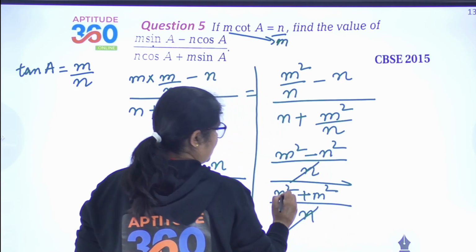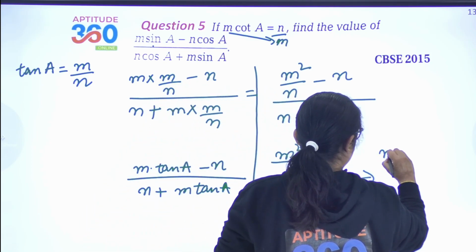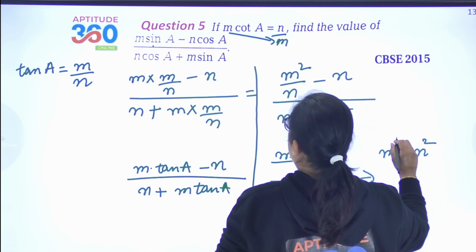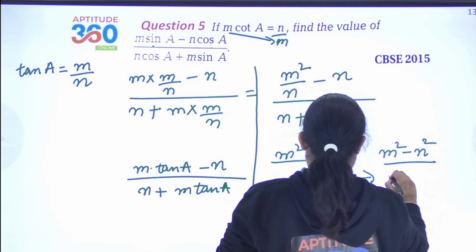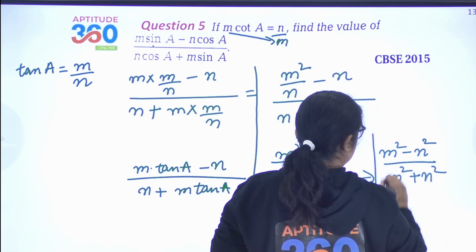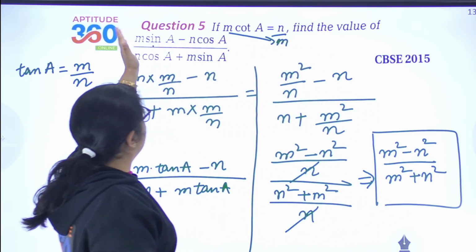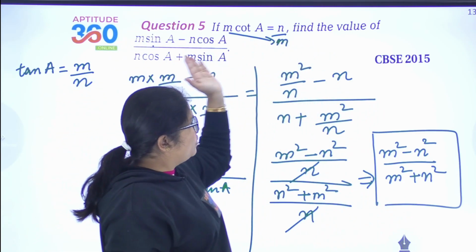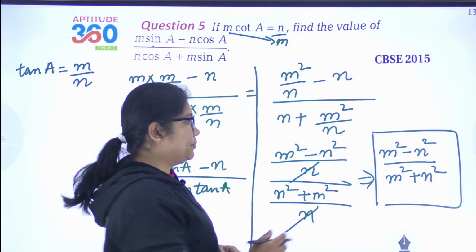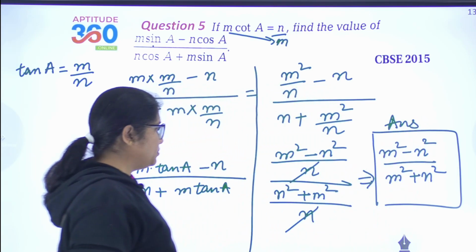This n gets cancelled and what you get is m square minus n square upon m square plus n square. This is your answer. So they asked you to find the value of this. The value of this is this. Simple answer. I hope you understood this concept.